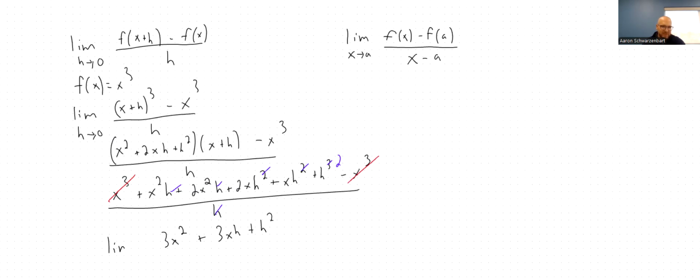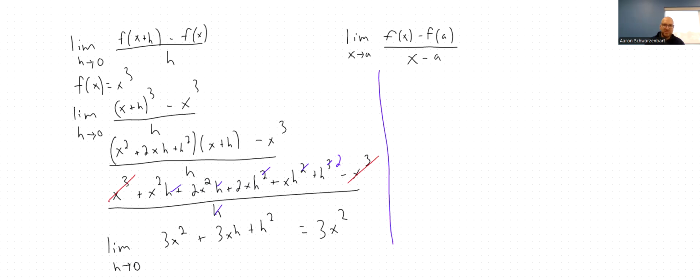And that is a limit as h approaches 0. 0 goes in for h, leaving me with just 3x squared. Make sense? Yeah.